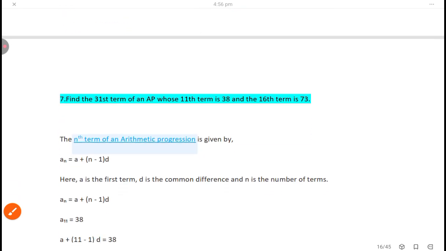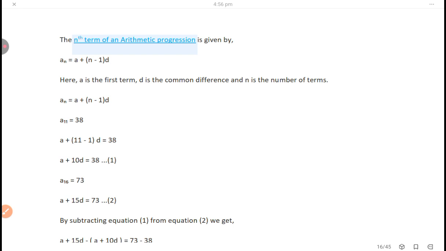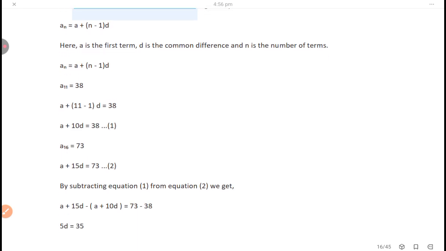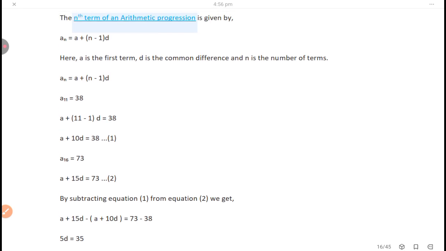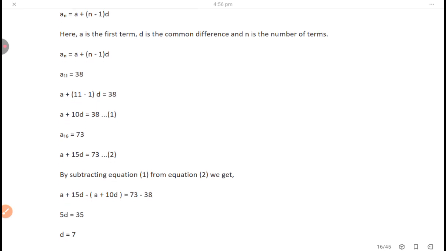Find the 31st term of an AP whose 11th term is 38 and 16th term is 73. So using the nth term of the arithmetic progression given by an equal to a plus n minus 1 d. Here a is the first term, d is the common difference. With the given information, you know a11 is equal to 38 and a16 equal to 73.